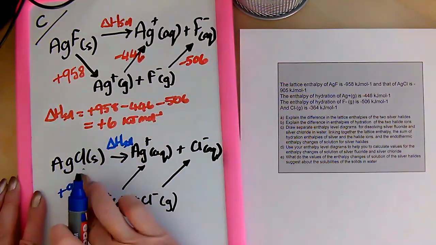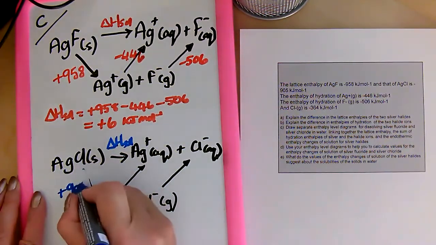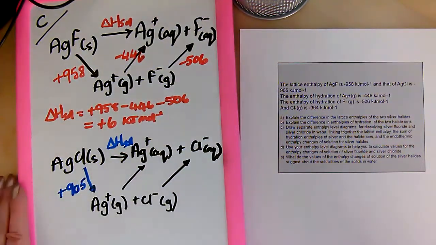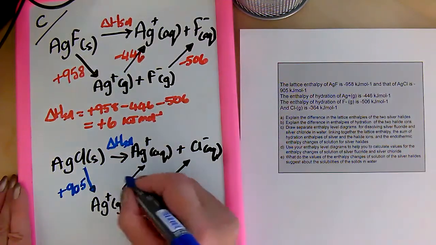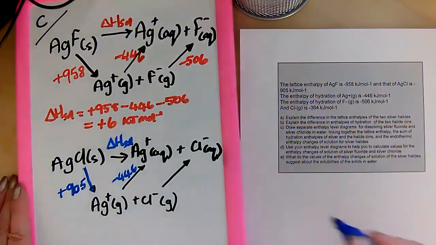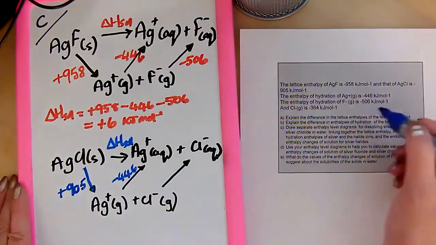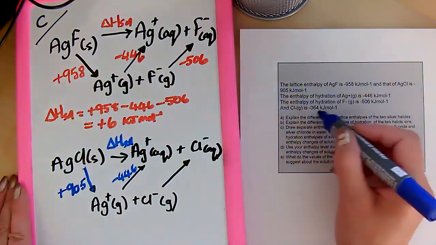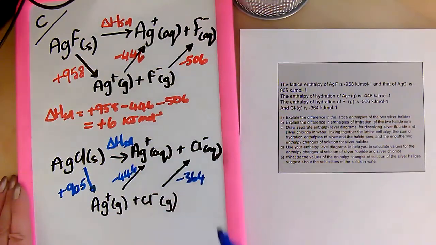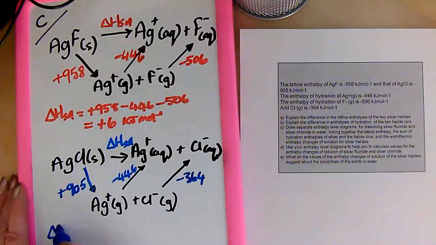Can't see that particularly well. Let me just, 905, and that's going to go down there. So it's plus 905. The silver we already had previously, that doesn't change, it's minus 446, and the hydration of chloride ion is minus 364. So we can do the same calculation.